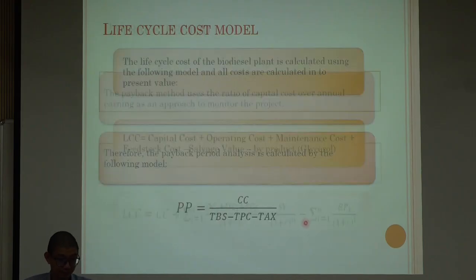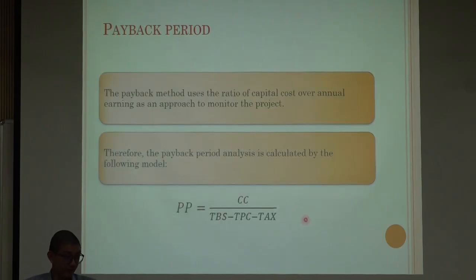Then from there, we can calculate our payback period. Payback period is relatively simple: how many years it takes you to recover your total capital, which is your total sales minus the potential costs, including all the tax and whatever.